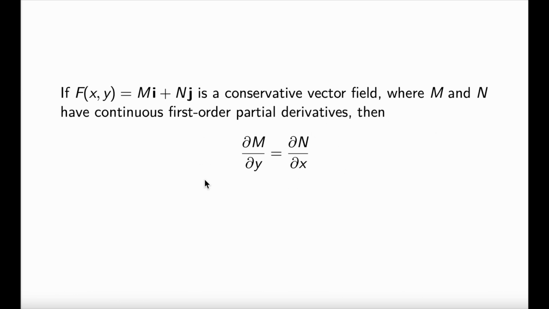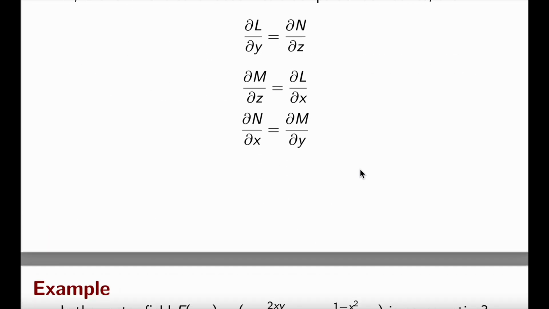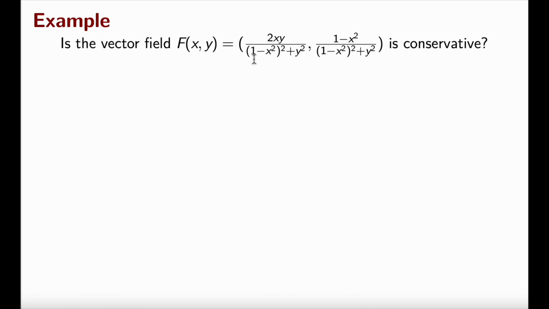So we know that this condition is true, but that doesn't tell us that the vector field is conservative. But we will see later that if the domain is simply connected, then it's going to be conservative. So we can say that in this example, this vector field is conservative in any simply connected domain.